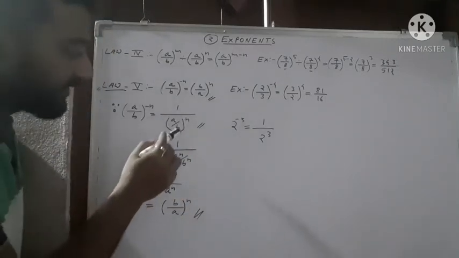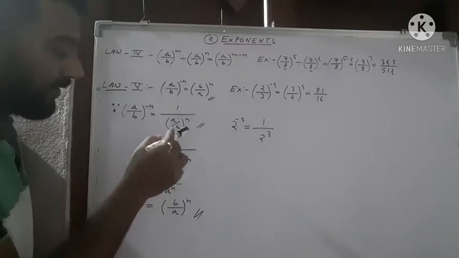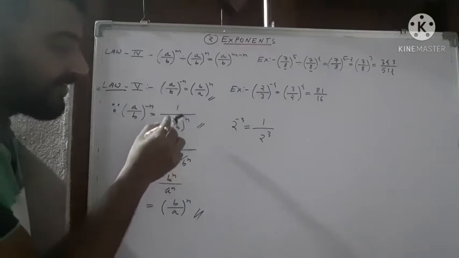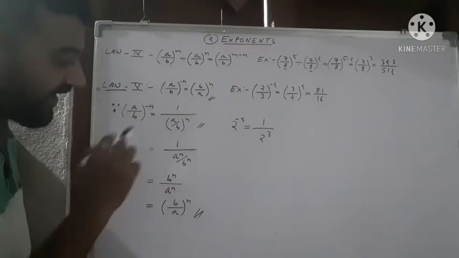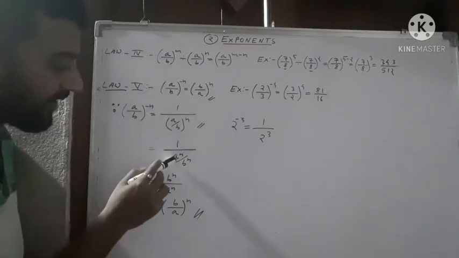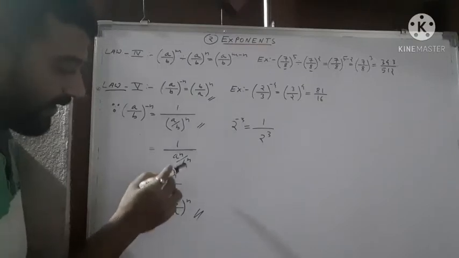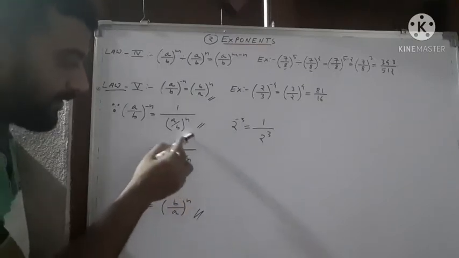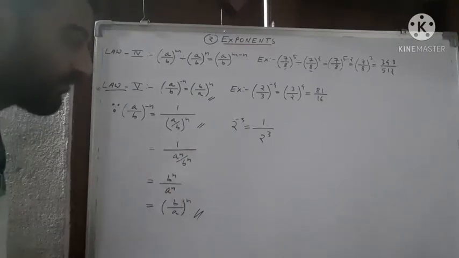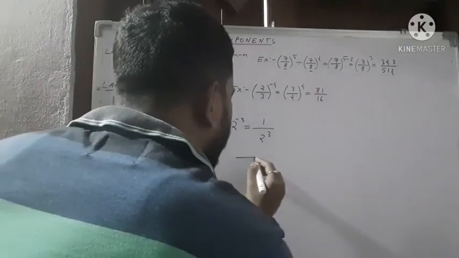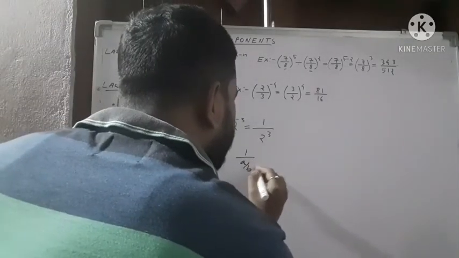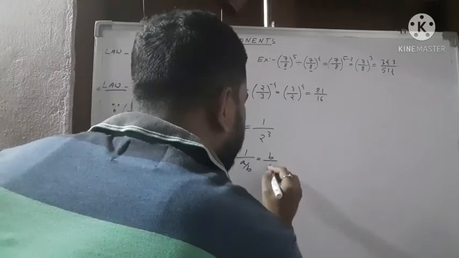If we separate the power n, it becomes a to the power n divided by b to the power n. In the next step, b goes up, as we know: 1 by a by b becomes b by a.